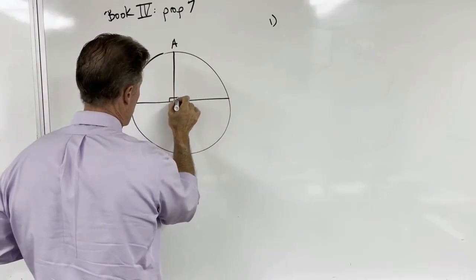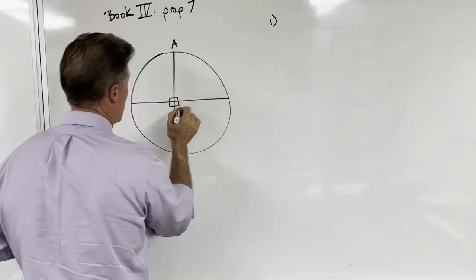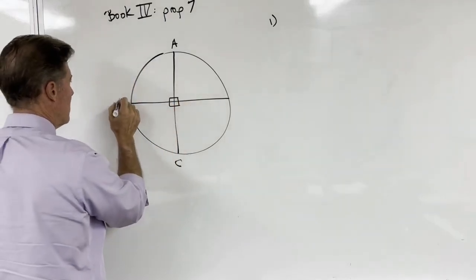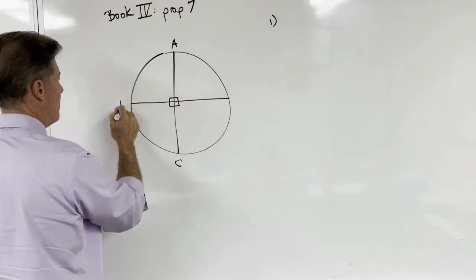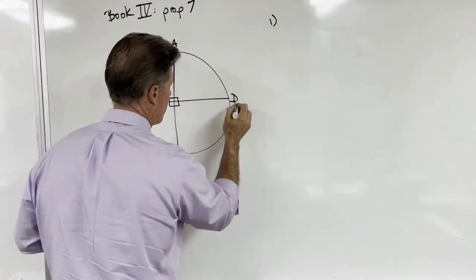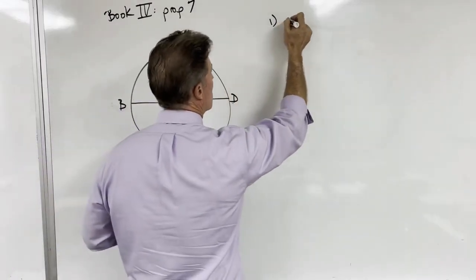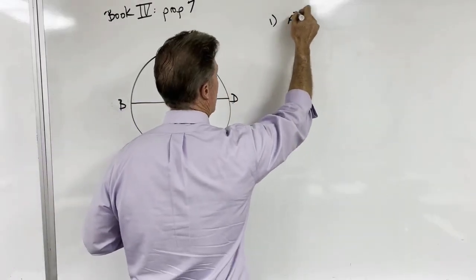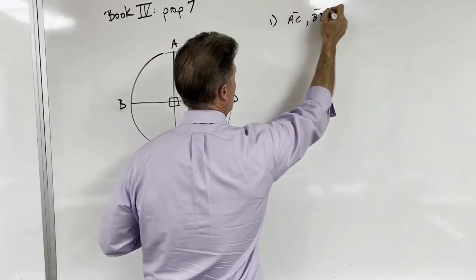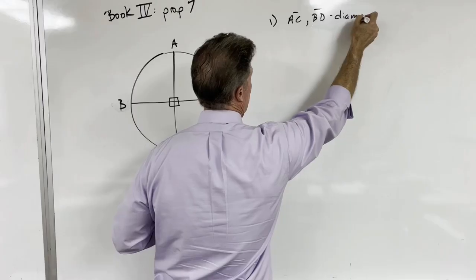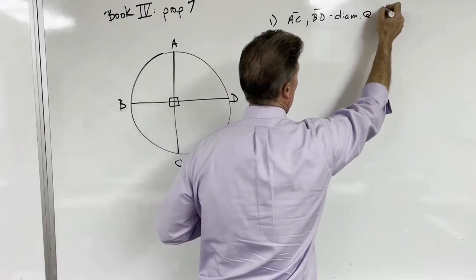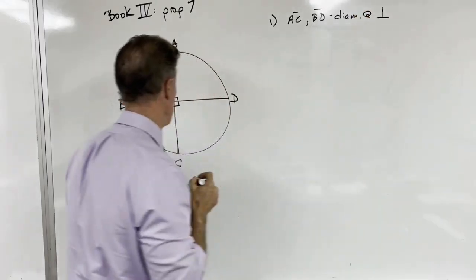So this is going to be at right angles all the way around, and we're going to call this BD. All right. So create AC and BD, diameters at right angles, or perpendicular to each other.